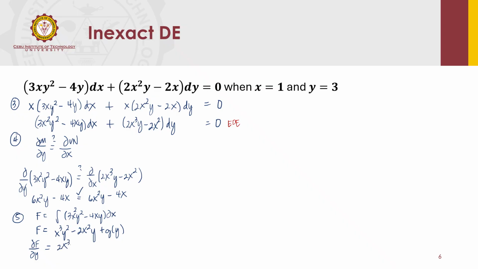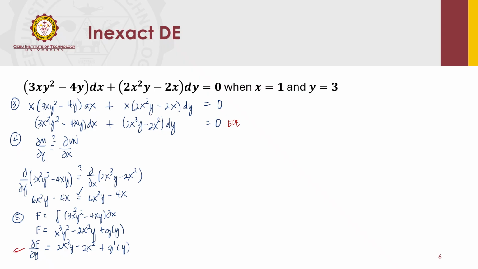And then for the second term, the derivative of 2x squared y is 2x squared. And the derivative of g of y is g prime of y. Okay, and this partial derivative of f with respect to y is actually the N in the second, the new equation.